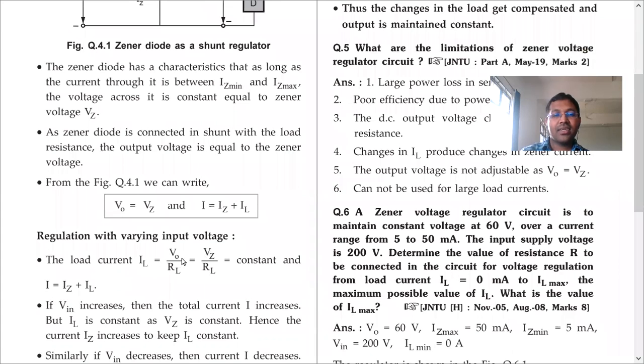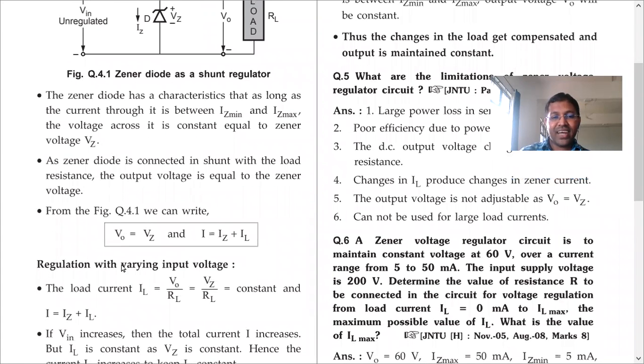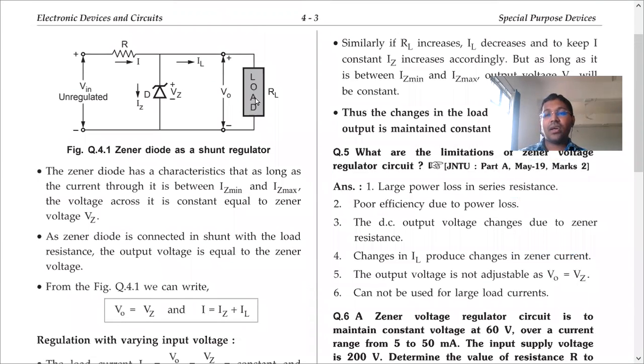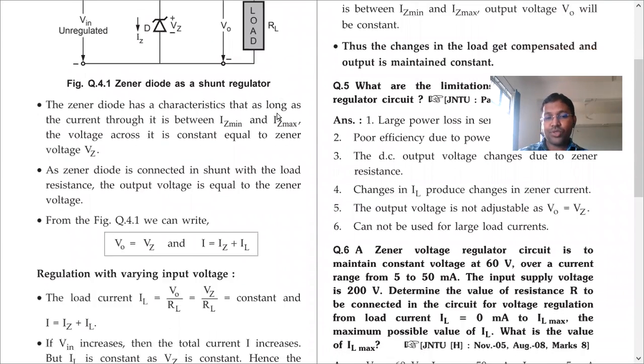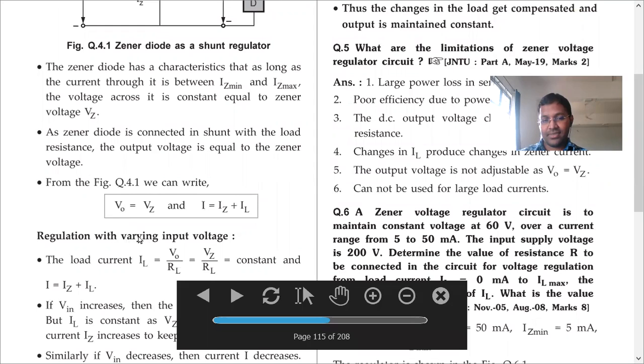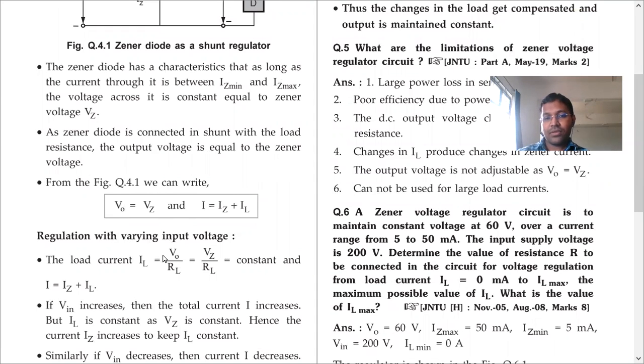And here, case 1, when input is changing, I told you we will take RL constant. So remember, case 1, RL is constant, Vi is varying. RL is constant, Vz is anyway constant, the property of the Zener diode.